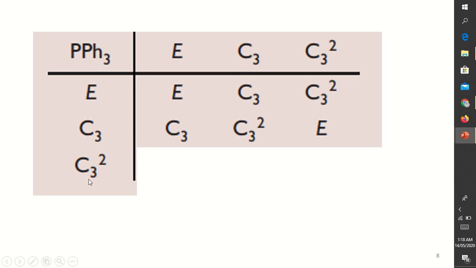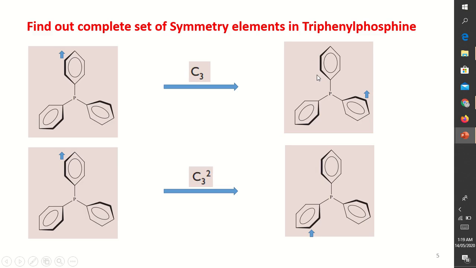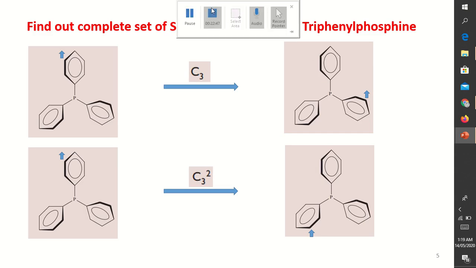The third one is C3 twice with C3 twice. What will happen if we apply C3 four times? We need to apply C3 twice, two times, and then again C3 two times.